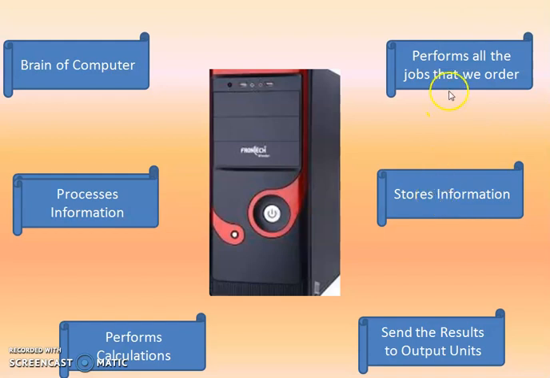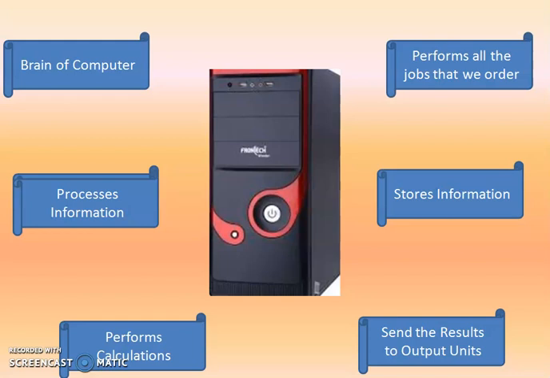Then the next work is performing all the jobs that we order. All the features we have seen, like processing, performing calculations, sending information and storing information, are why it is known as the brain of the computer, and all this work is done by the CPU. Whatever work you give to the computer is going to be done by the CPU only, right?